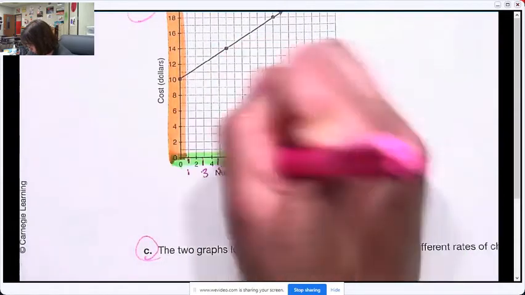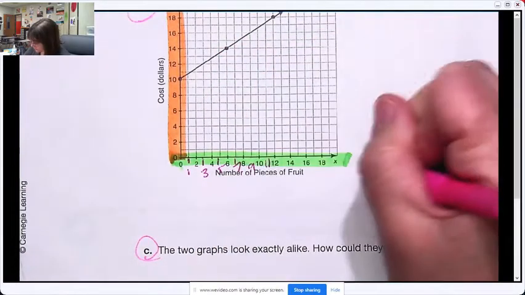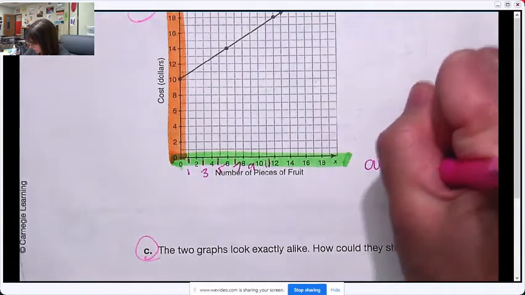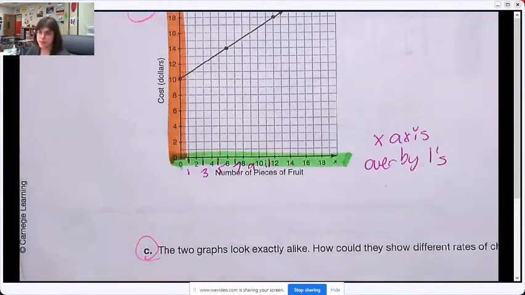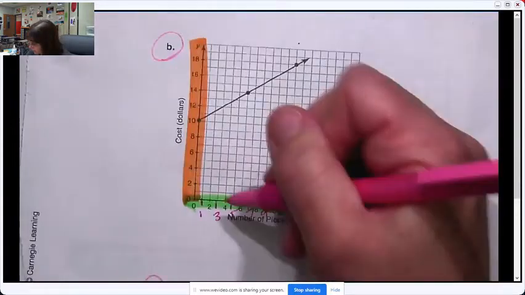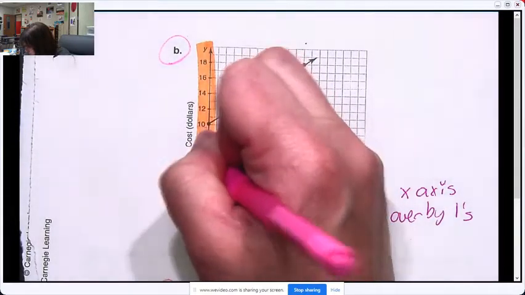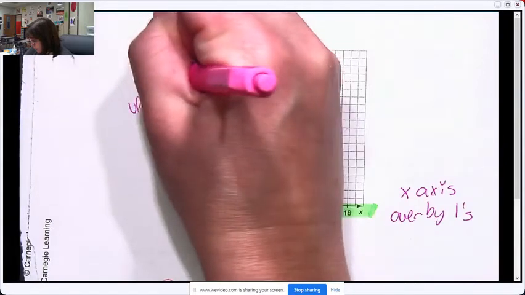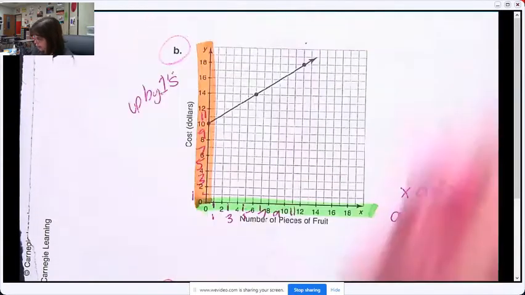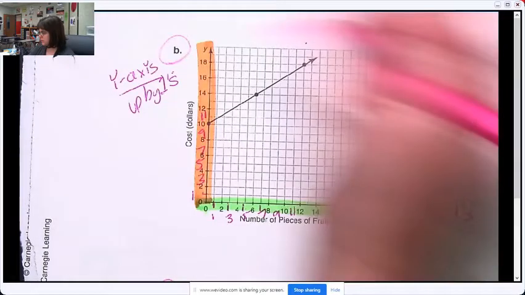It's going over by ones. Okay, so I'm going over by 1. I look at Y, I go up. Oh, look at that. It's also going up by ones. Okay? For my y-axis.